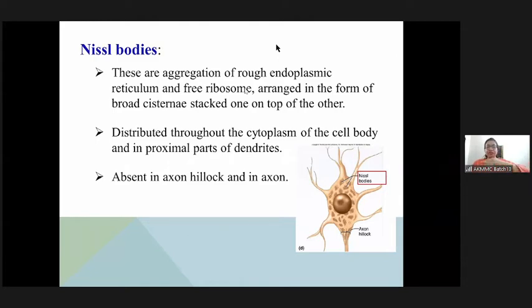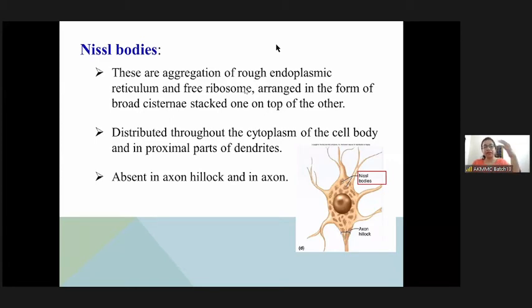One rough endoplasmic reticulum with ribosome will be arranged in a column. They will arrange one above another, one above another.